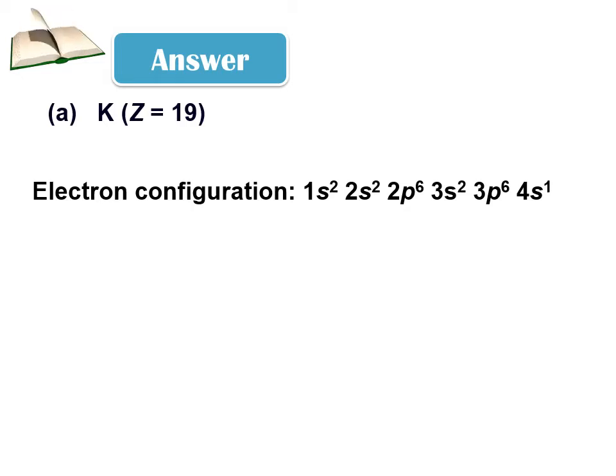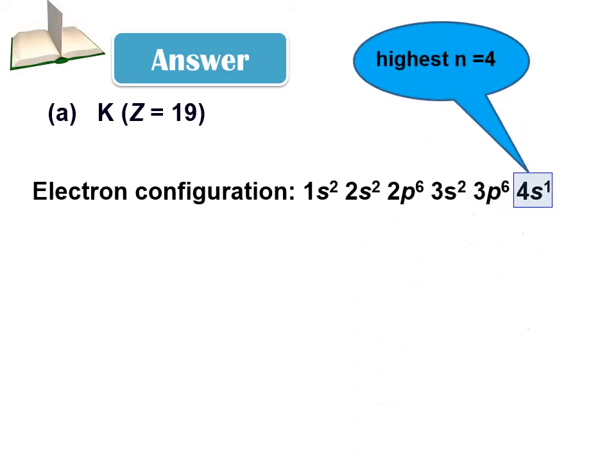What is the highest principal quantum number in the electronic configuration? The answer is 4. So the highest n is equal to 4, and the period is 4.